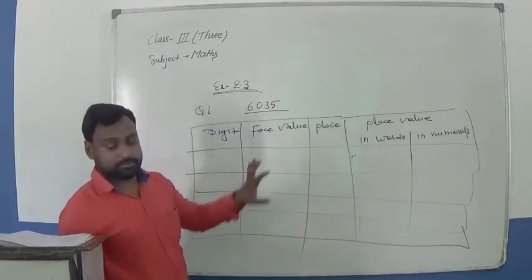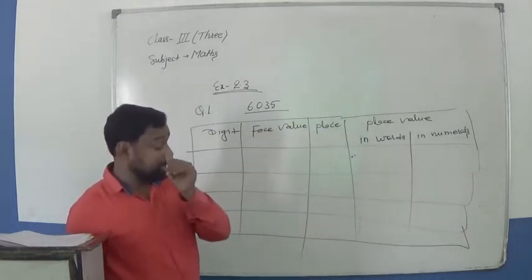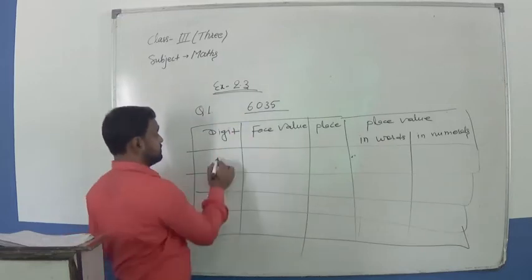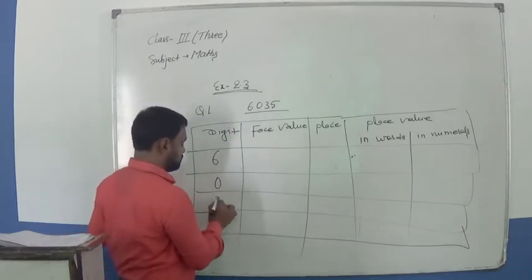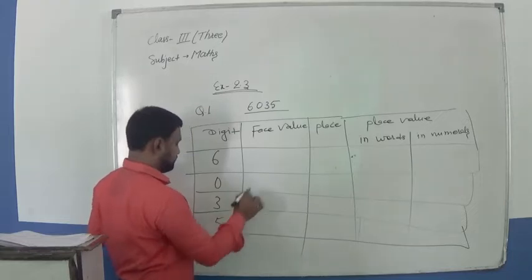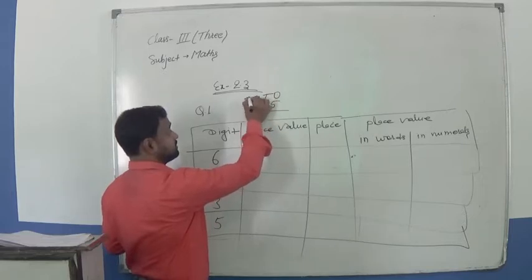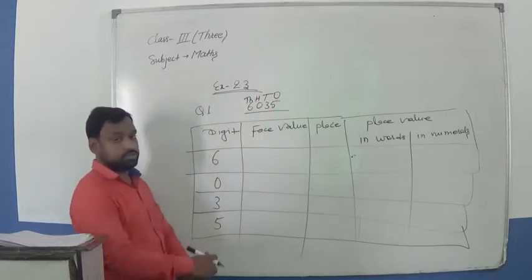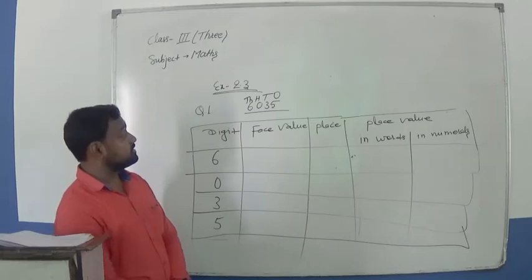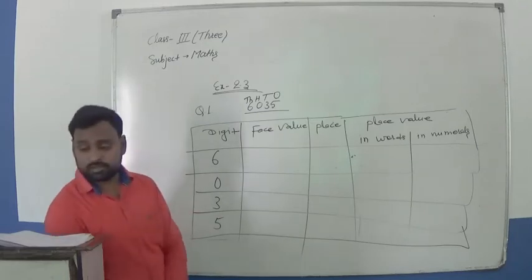This is the chart we have to prepare. We have digits 6, 0, 3, 5, with places ones, tens, hundreds, thousands.